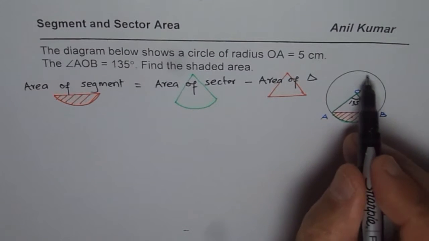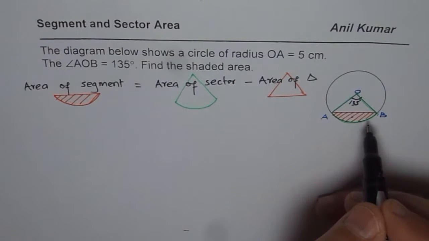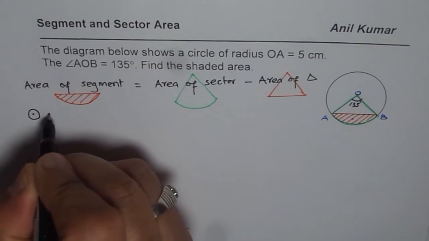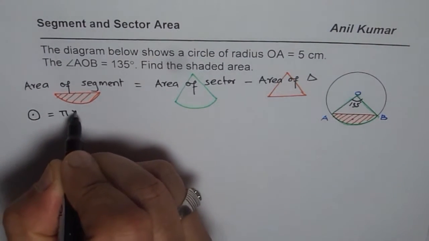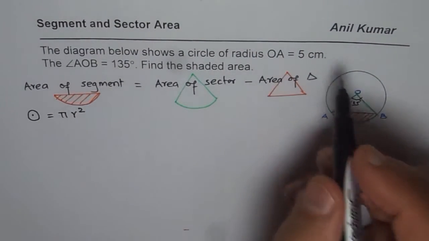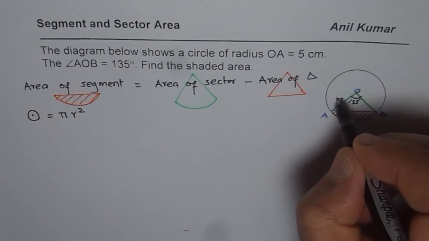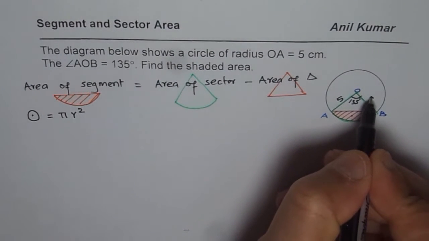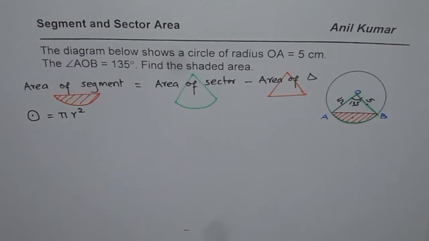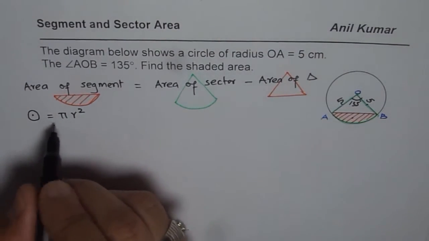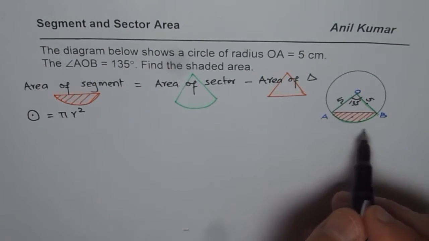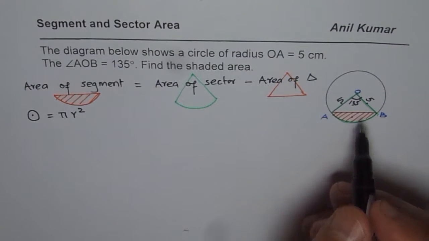So total angle is 360 degrees. Area of circle is pi r square, correct? Radius is 5, so both sides are 5. You'll see that is an isosceles triangle, correct? Both are the radius, 5 units long. So area of the circle is pi r square.